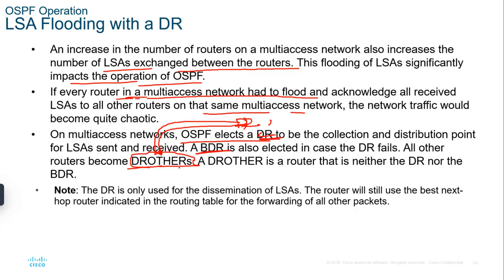Note, the DR is only used for dissemination of link state advertisements. The router will still use the best next hop router indicated in the routing table for the forwarding of all other packets. So with the advertisement, just to control advertisement, who should advertise?